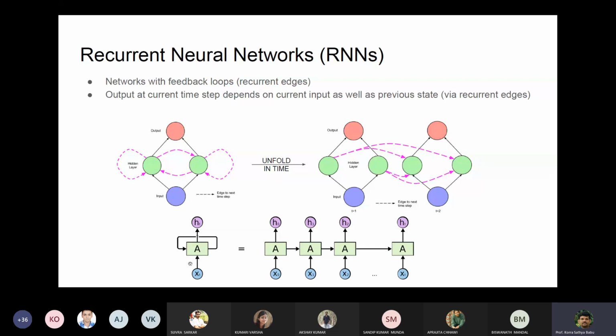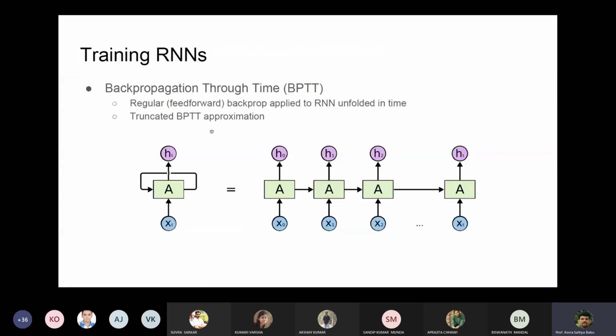This is what we saw yesterday, and also how training in a neural network is done. We use regular backpropagation applied to the RNN with respect to the unfolded time, and we can also use truncated backpropagation through time, where the backpropagation is done at some time periods or time intervals.